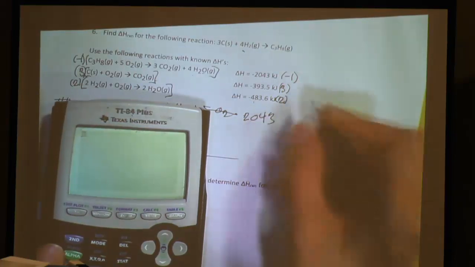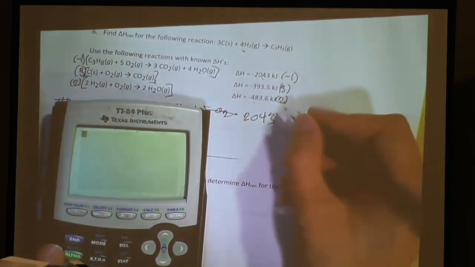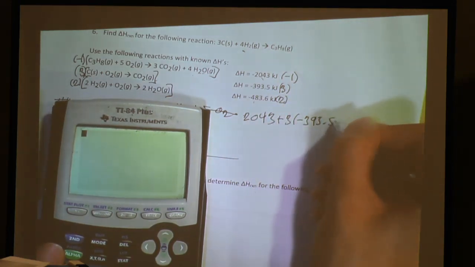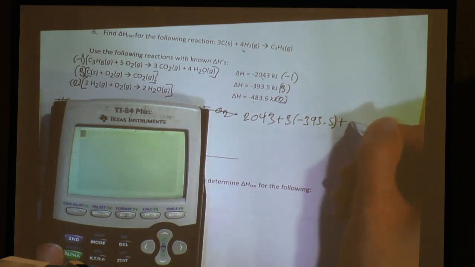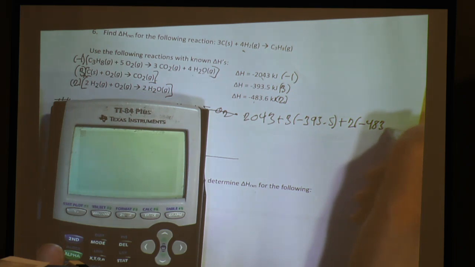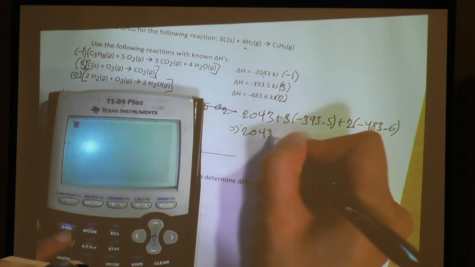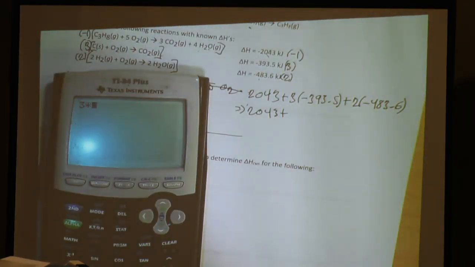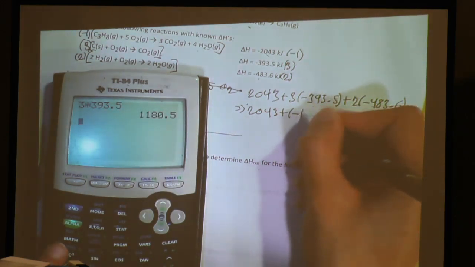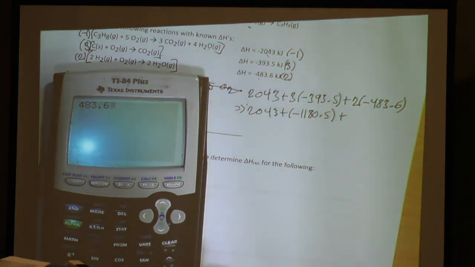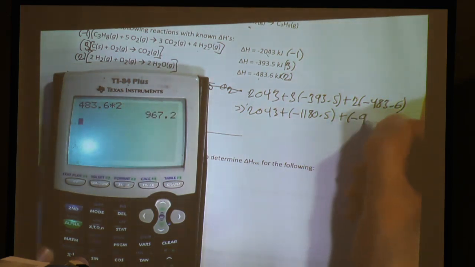But this is going to be this times -1, you just make it positive, plus 3 times -393.5, plus 2 times -483.6. So that's going to be 2043 plus 3 times 393.5, which is -1180.5, plus 483.6 times 2, which is -967.2.